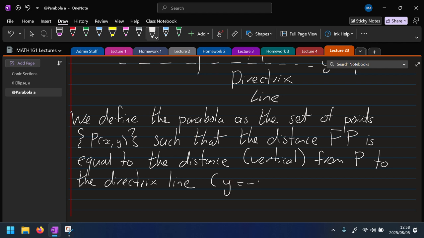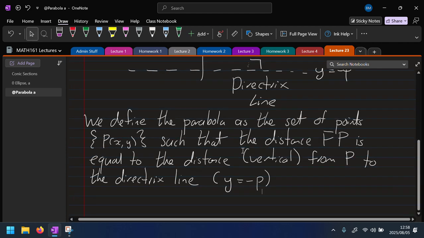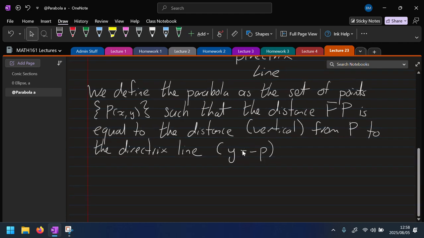And that was y equals minus p. Okay, so that is the definition in words, so that's how we define it.